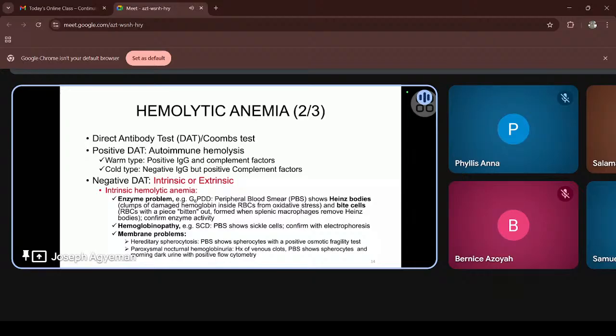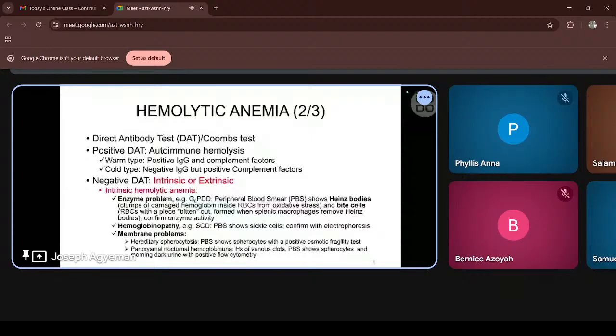Now, if you do the Coombs test and you don't get either immunoglobulin G or its counterpart, complement factors, then it means that there is hemolysis, but it cannot be autoimmune induced. So a negative Coombs test but positive hemolysis means that it is not autoimmune induced.